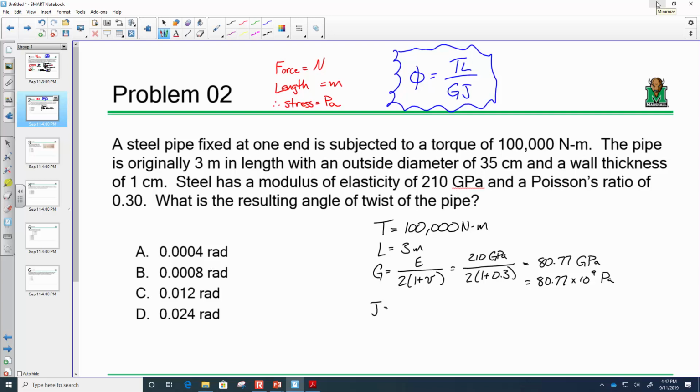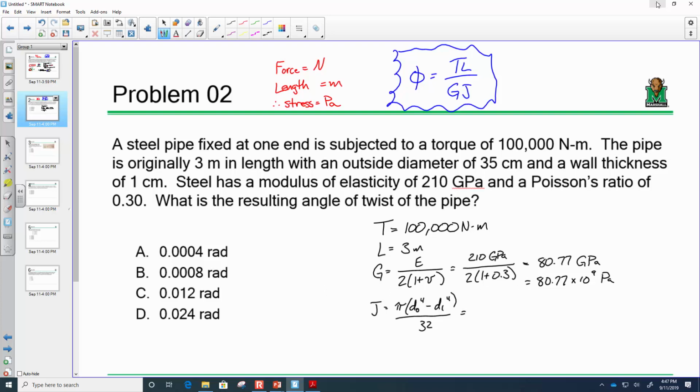Now because we have a pipe, what we're going to do is take pi times the outer diameter to the fourth minus the inner diameter to the fourth over 32. Is everybody okay with that? Now, let's see if this makes sense. What's the outer diameter of this pipe? I'll deal with the units in a second.